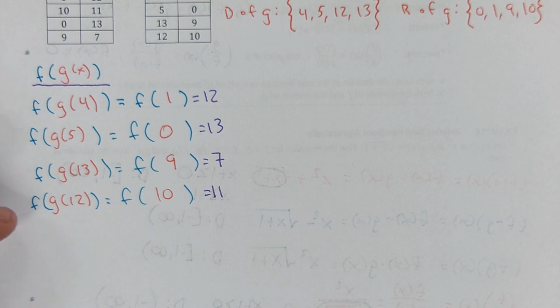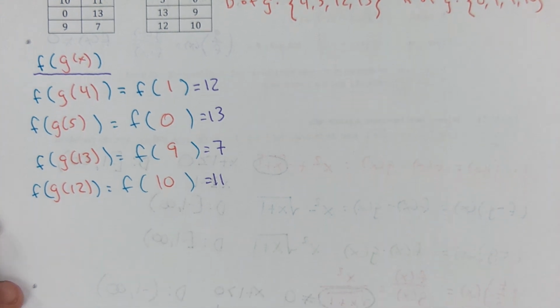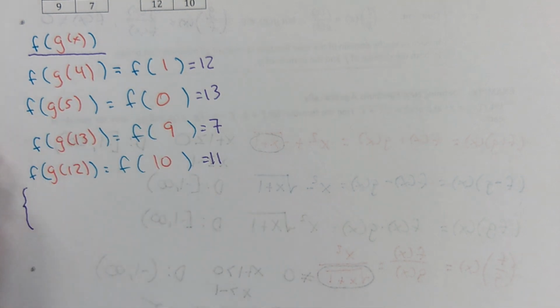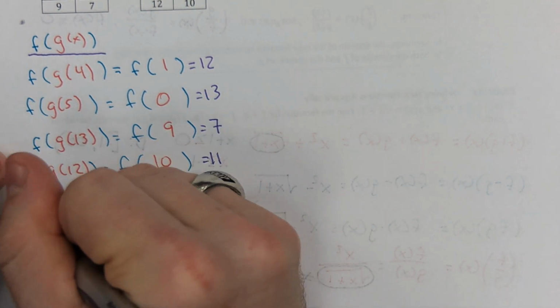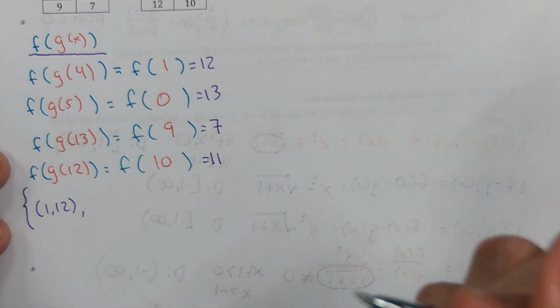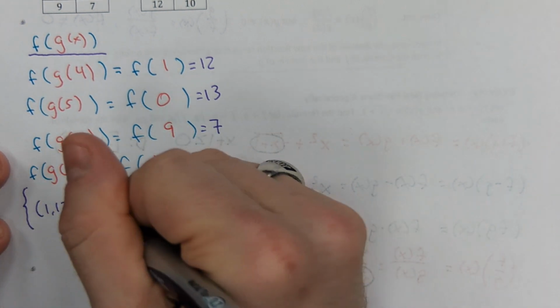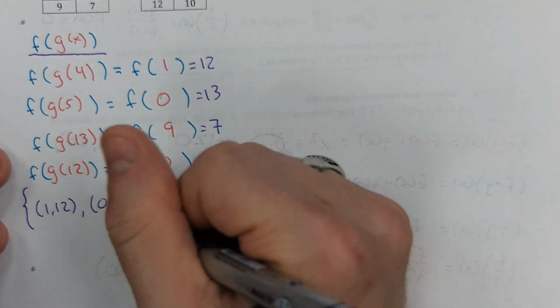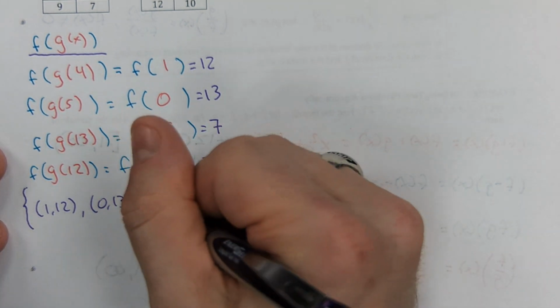That's as a table. This is as a set of coordinates. 1, 12. So 1, 12. 0, 13. These are the x, y's that this new function can take on. 9, 7.